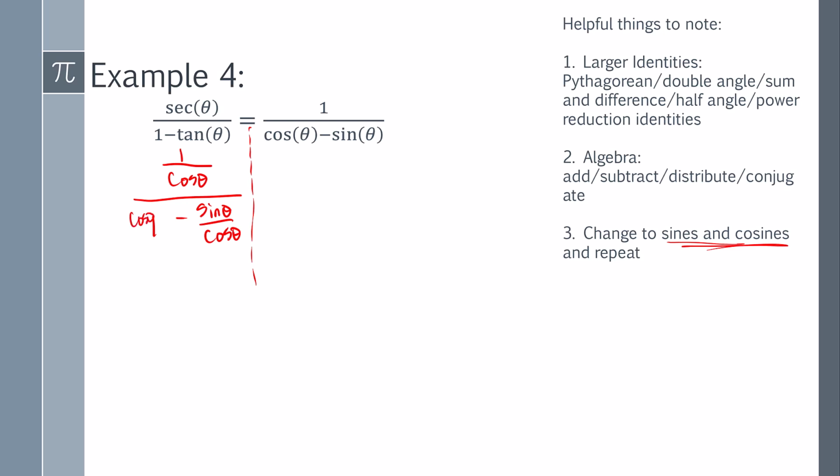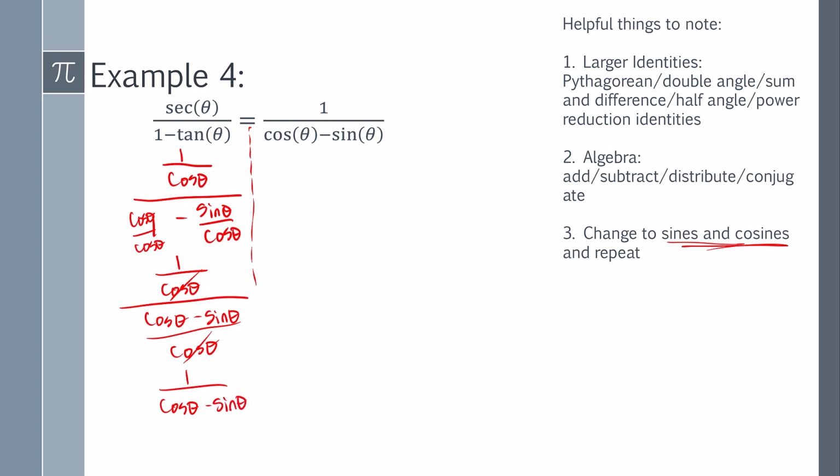So this needs cosine over cosine. So then I'm going to get 1 over cosine theta over, and then I get cosine minus sine, over cosine theta. Oh, remember, you can just cancel that out. So I get 1 over cosine theta minus sine theta, and that's exactly what I wanted.